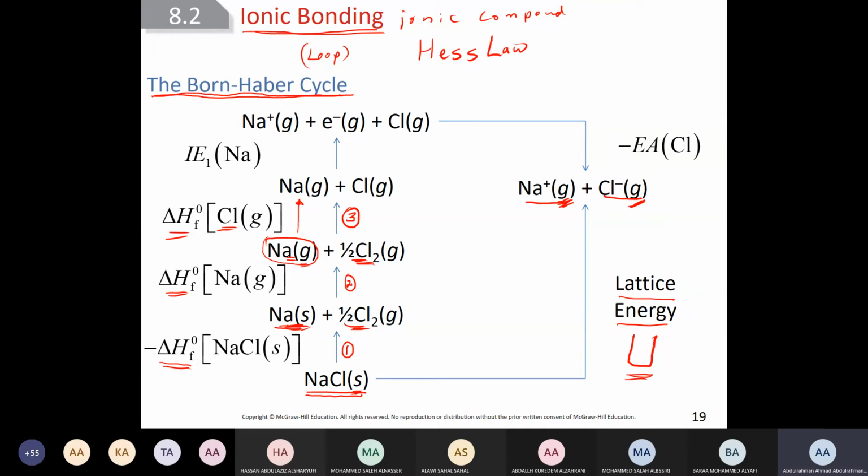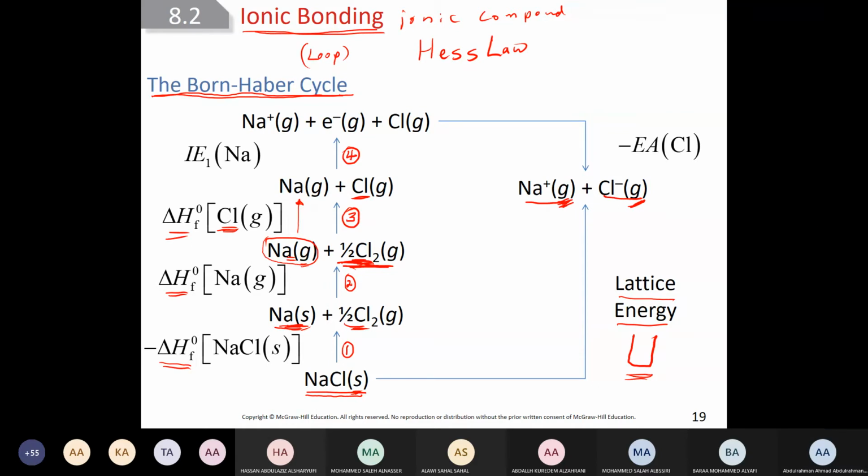We took half Cl2 and made it Cl. So what's this heat? Heat of formation of the chlorine atom, gaseous chlorine atom. Why? Because we are making it from Cl2. Are you following?